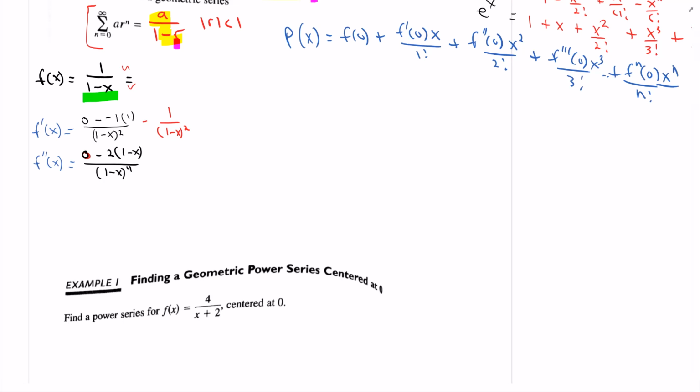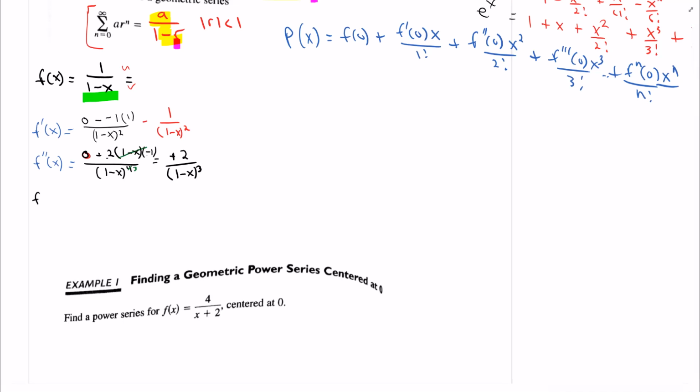And maybe you can see that this 1 minus x is going to cancel one of the 1 minus x's down here, which makes that a 3, and we're left with negative 2. Sorry, when I did this, there should have been a negative 1 coming out of this, because when you take the chain rule derivative of the inside, you get a negative 1, which changes this to positive, because you have a negative times a negative. And we have 1 minus x to the 3rd down here.